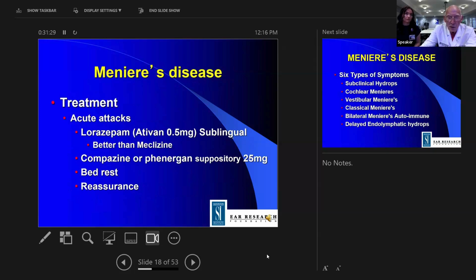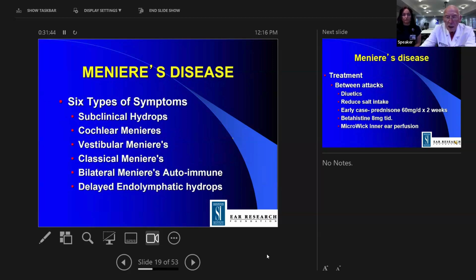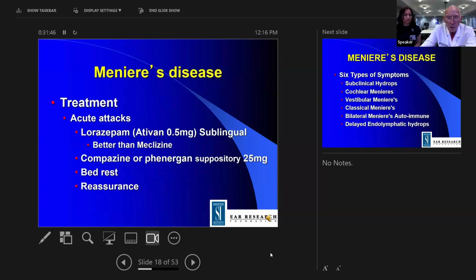Meclizine, which is Antivert, is the common drug that's been used for years. The problem is that it takes about 45 minutes for the meclizine to be absorbed by the stomach and start to work, whereas the Ativan works right away.